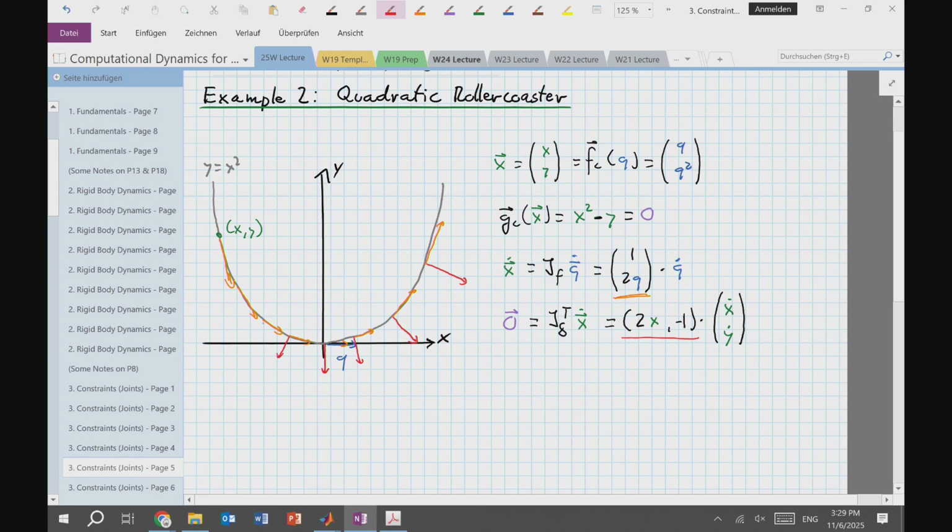So on the negative x side, I will get arrows pointing to the left. This is just visualizing the idea of directions in which I can move, columns of JF, and directions in which I cannot move, columns of JG, or here the rows of JG transposed.